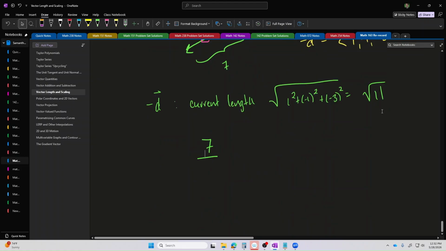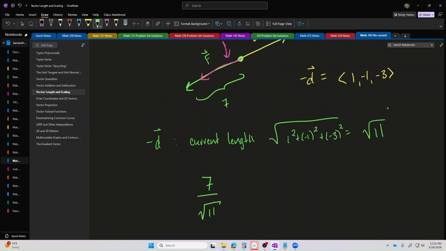And the length that I currently have, that I'm trying to get rid of, is this current length of square root 11. So I will use this fraction, and I will apply it to my vector negative d, in order to change the length from square root 11 to 7. So that gives me the vector 7 over square root 11, negative 7 over square root 11, and negative 21 over square root 11.